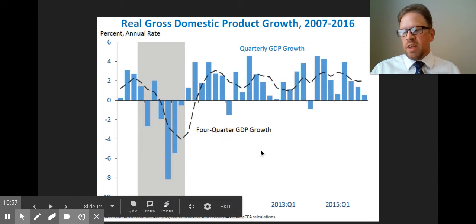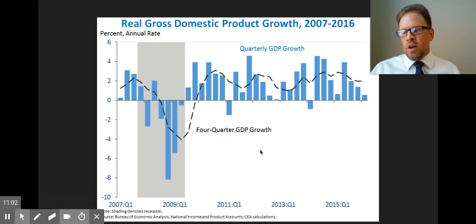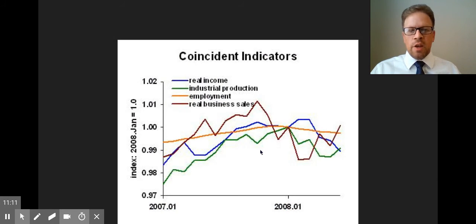Other types of leading indicators are going to include things like prices of raw materials, orders for new capital, orders for consumer goods, and changes in building permits that are issued. All of those things can be considered different types of leading indicators. Another type of indicator is coincident indicators. These are statistics that change as the economy moves from one phase of the business cycle to another.